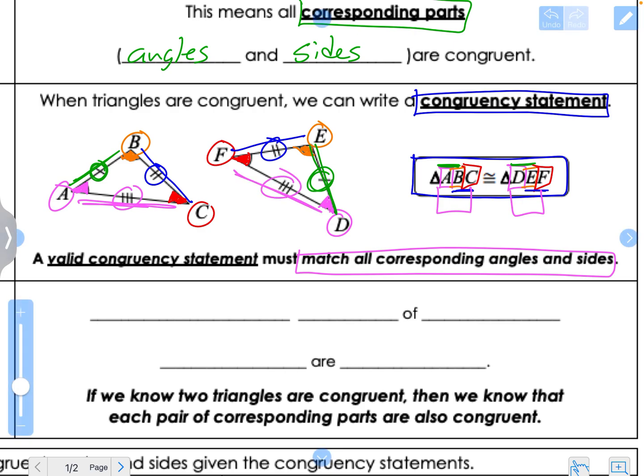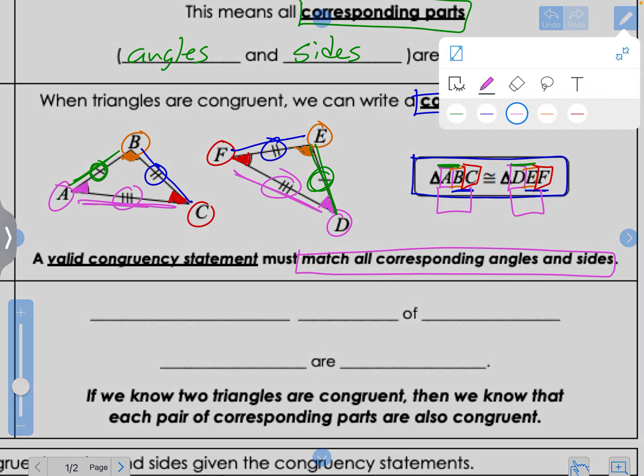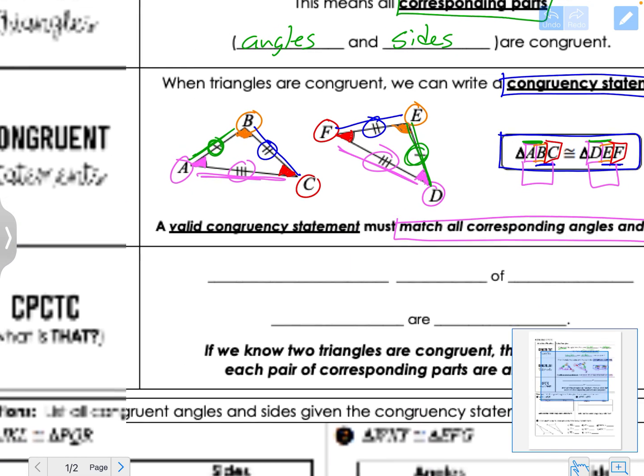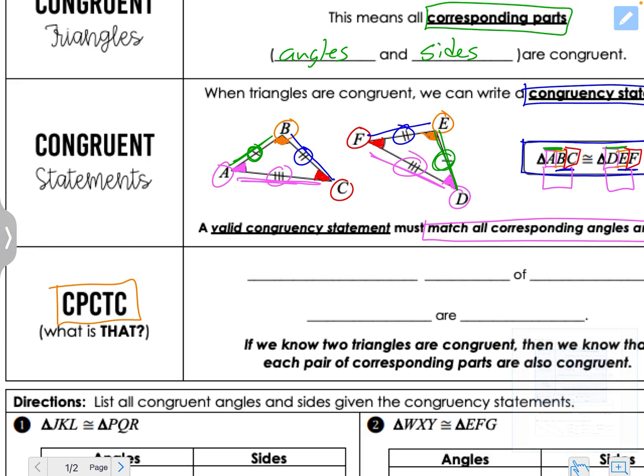So this congruency statement tells us what the corresponding parts of the triangle are. And if the triangles are congruent, all the corresponding parts are the same. So this gives us a very, very important theorem, and it is our CPCTC theorem.